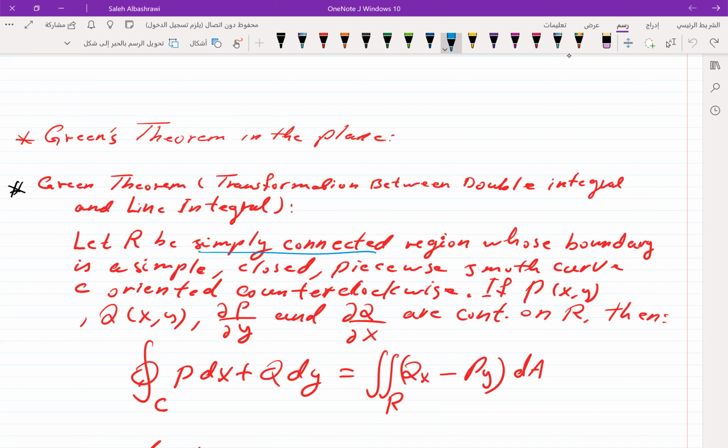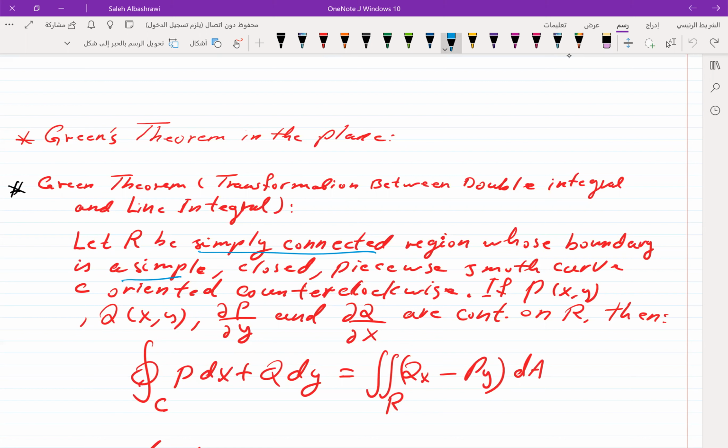Simply connected means it is non-self-intersecting. There is no hole between or inside this region R. So let R be a simply connected region whose boundary is a simple closed piecewise smooth curve.